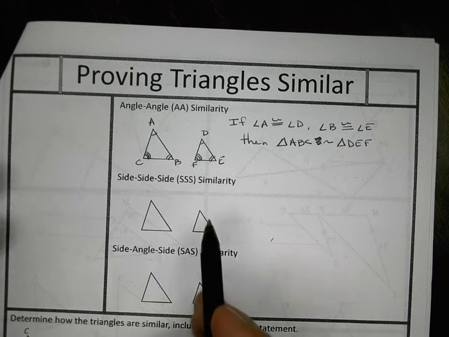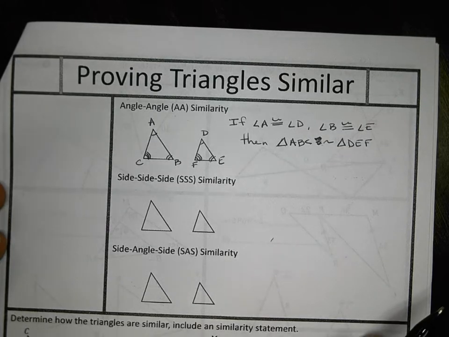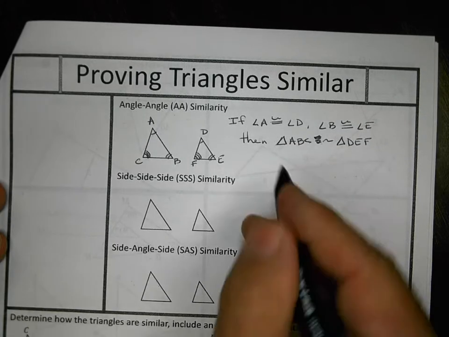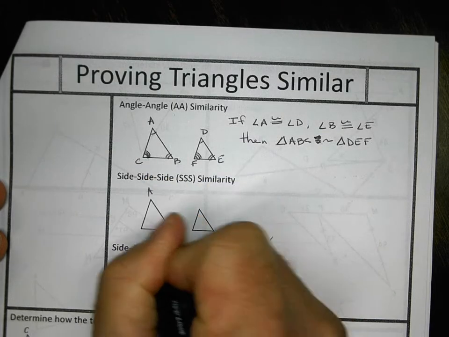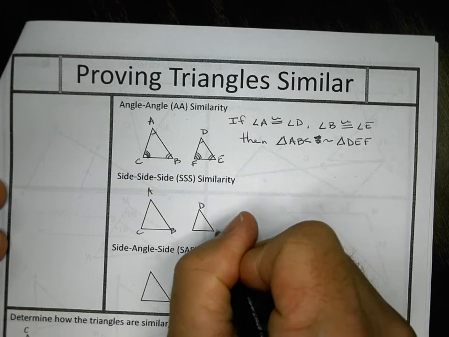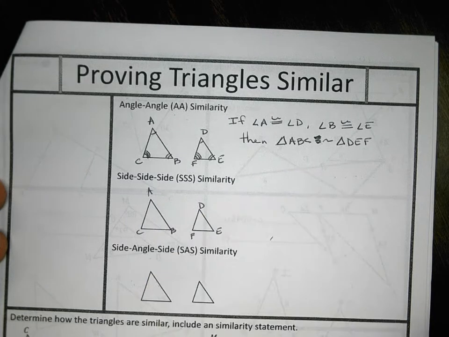Okay, now the next one is side, side, side similarity. And what that means is, let's name our triangles again, A, B, C, D, E, F. Now remember, when we're talking about sides, they have to be proportional.